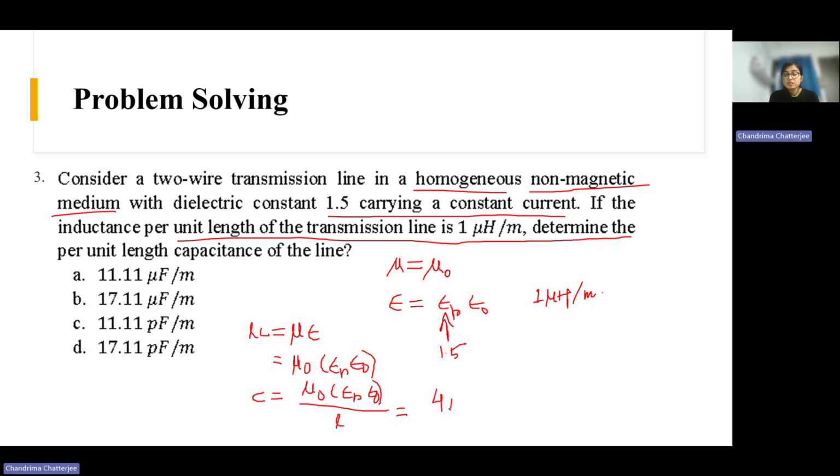So this is 4 pi times 1.5, then 8.854. With this we have 10 power minus 7 and here we have 10 power minus 12 with epsilon naught.